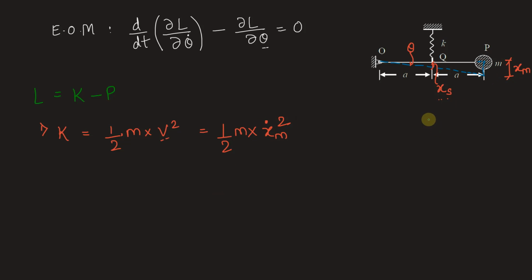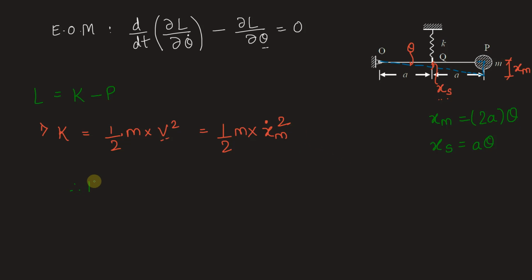From this figure, because theta is a small angular displacement, we can write the relation xm is equal to 2a times theta. This distance into theta, it is nothing but s equals r theta, and xs can be similarly written as a theta. So xm dot will be 2a theta dot, because 2a is a constant and will not have a time derivative, while theta will have a time derivative, theta dot.